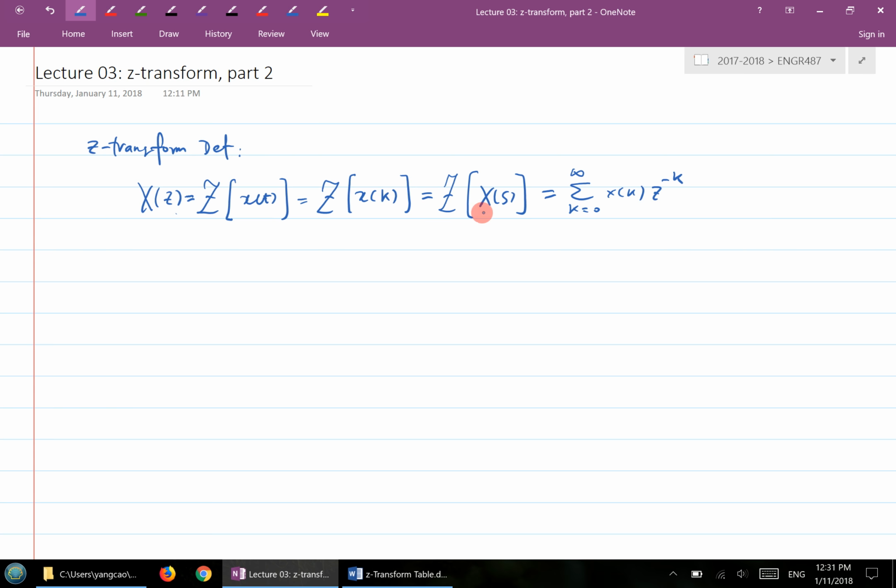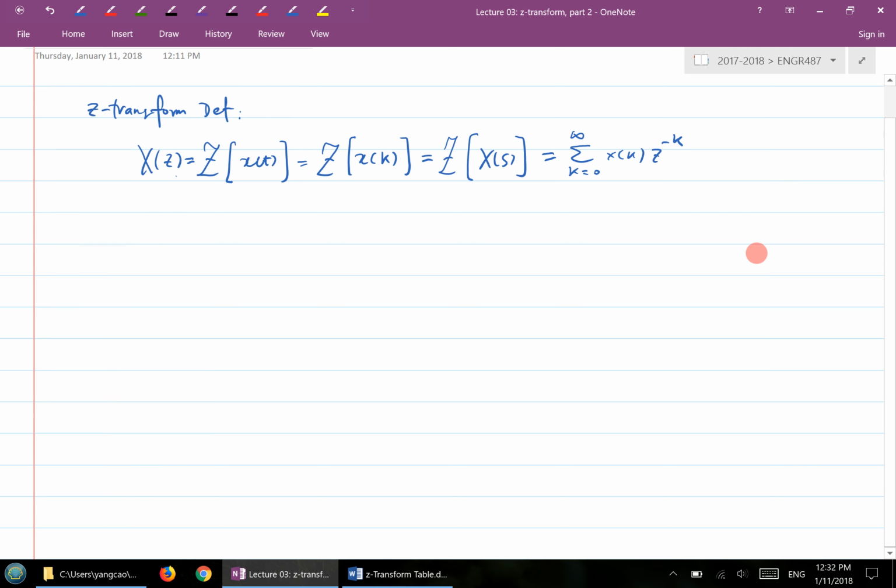You're doing the Z transform for the sequence x of k here. And we learned the Z transform for typical functions like a step function, delta function, Kronecker delta, sinusoidal, and exponential.